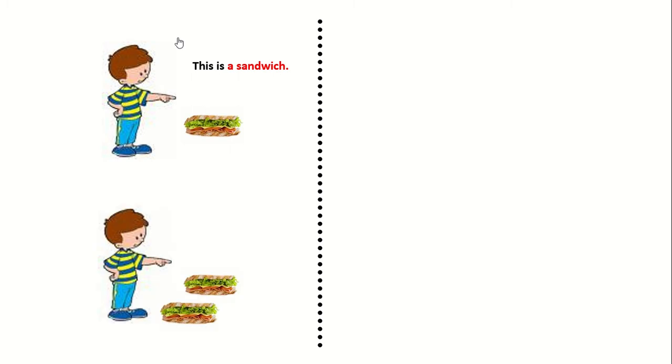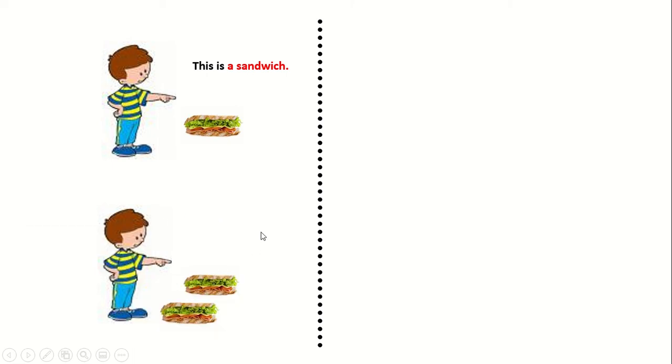Now, we have a boy and we have a sandwich. Look at the distance between the boy and the sandwich. The boy is near the sandwich, قريب. So what do we say? We say this is a sandwich. Now we have the same boy, but now 2 sandwiches.